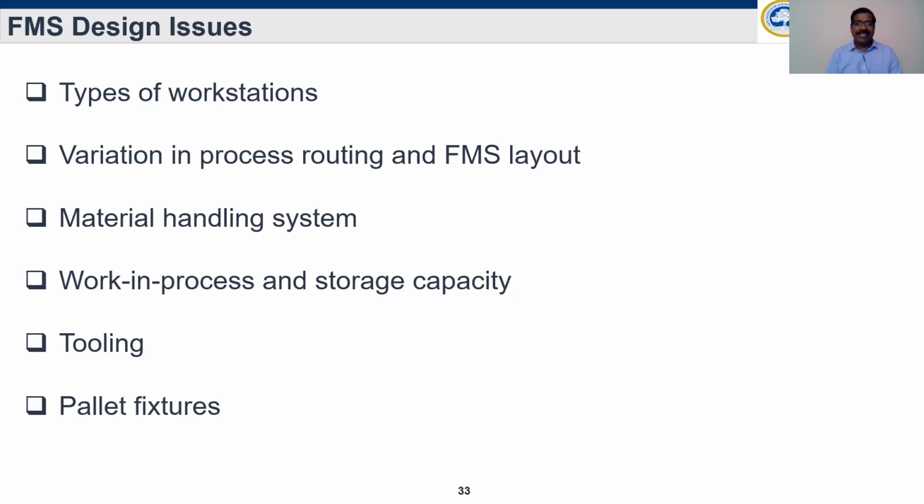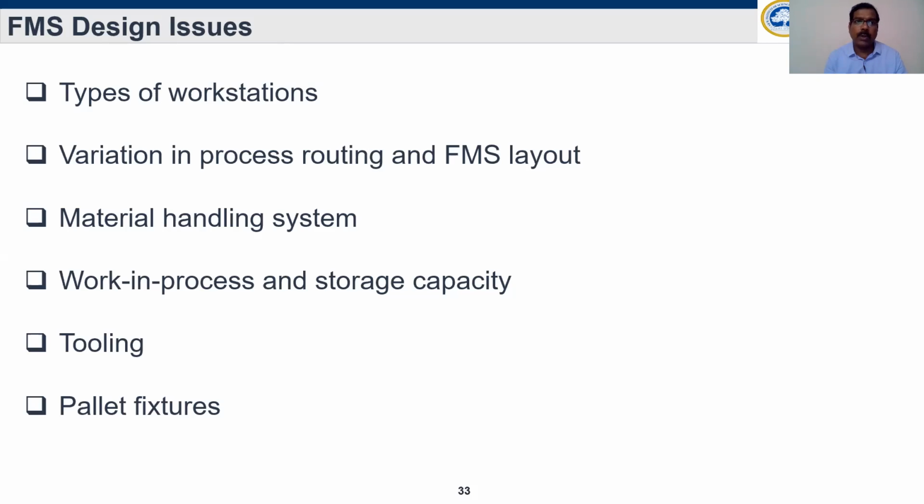Then the next one is the design issues. What are the design issues? The first is types of workstations. Workstations can otherwise be called machines. Generally we speak about the FMS system in terms of CNC machines. In CNC we have numerous machines, such as drilling, painting, lathe, grinding machines, whatever it may be, and combinations also.